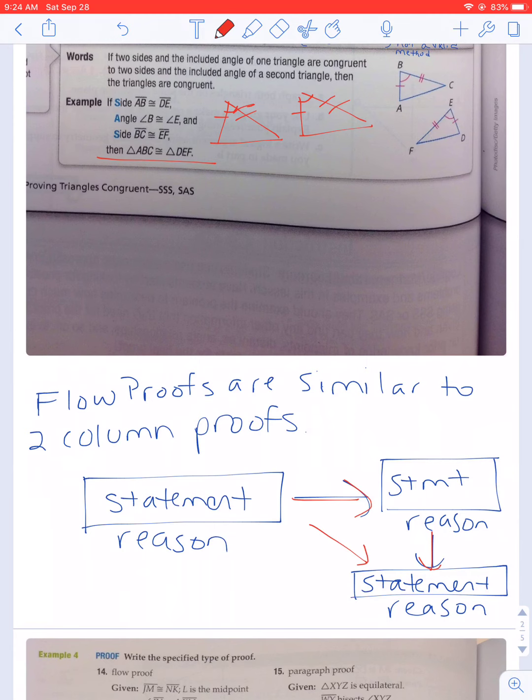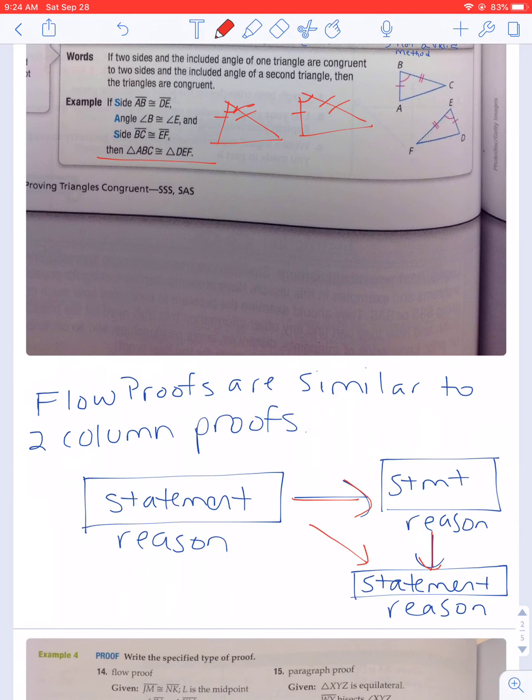So just keep that in mind. If I ask you to write something in a two-column proof, but the answer key in the back wanted you to do a flow proof, just look for your statements and reasons to line up that way from the flow chart. What's in the box is your statement, and then the order is dictated by the arrows.